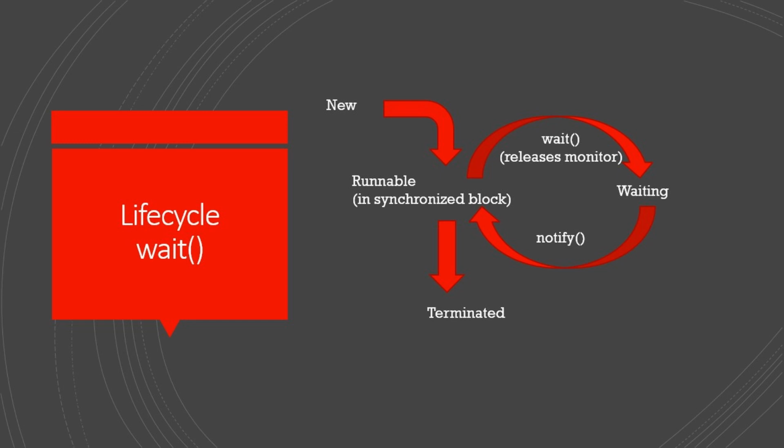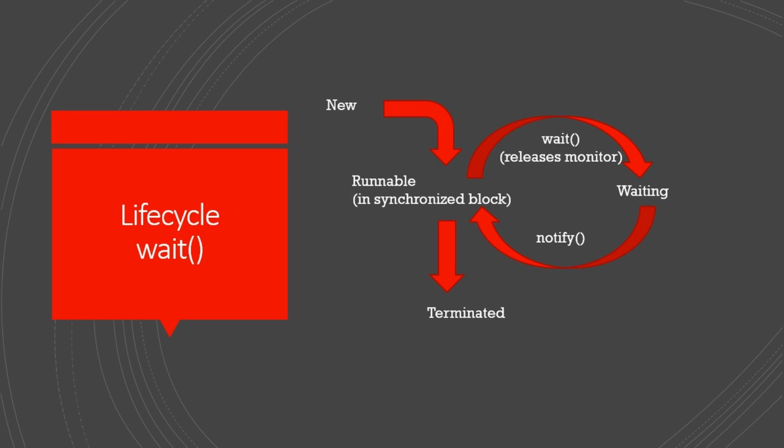We call the wait method, or your thread calls the wait method. That puts your thread into a waiting state. That thread also releases its monitoring object. That gets returned to the scheduler.